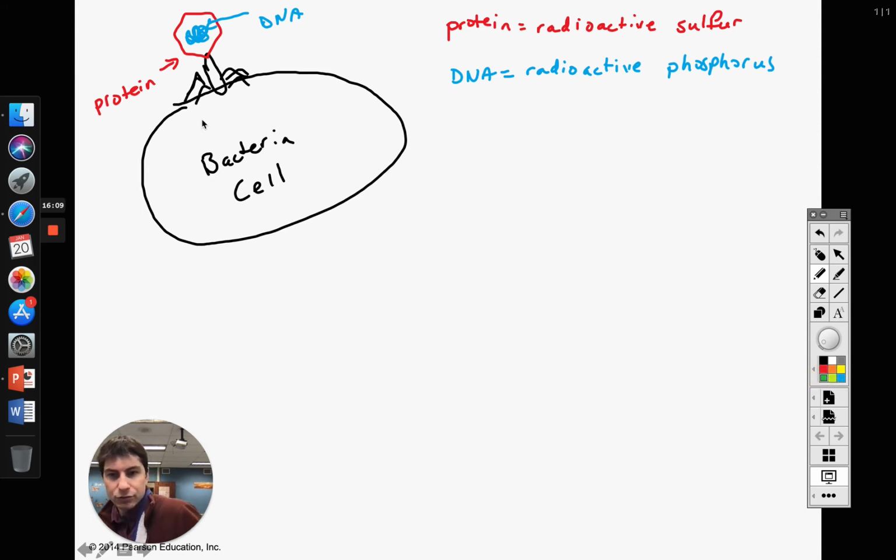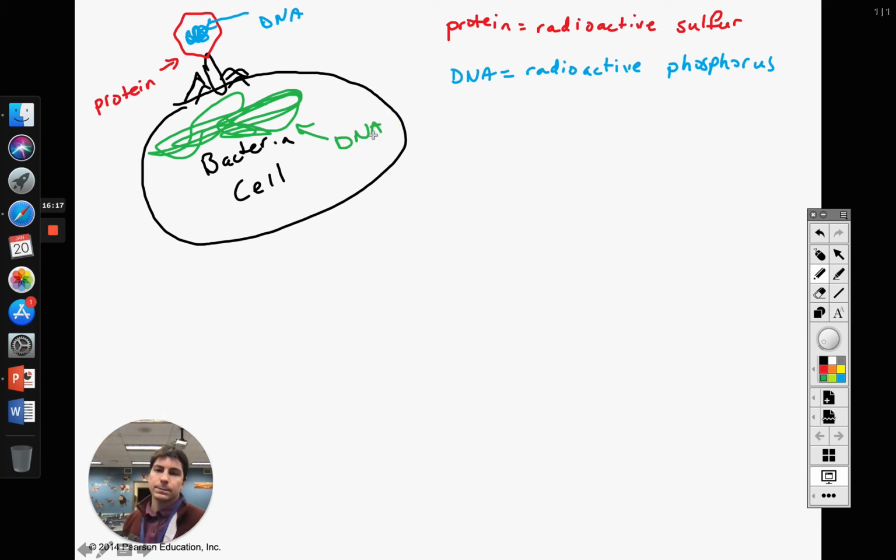And I'm going to draw the bacterial DNA right here. All right, so there is our bacterial DNA. All right. So after this, they let the virus do its job. Okay. The bacteria then started to produce these little baby viruses. And what they did was they removed the bacteria from this thing.